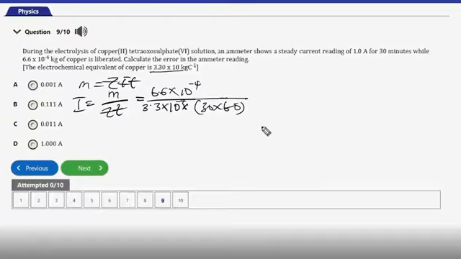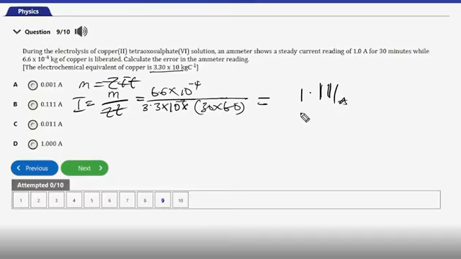Now 30 times 60 here, we've converted this. So when you go ahead and punch this with your calculator, you have a value of 1.111. So that's the current we are getting from here.